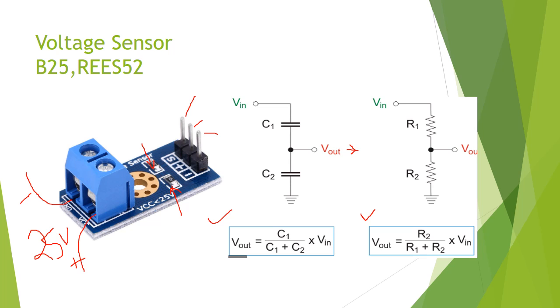Overall, the current sensor has a bit more complex principle to measure than a voltage sensor, because current flows in a circuit and that makes a difference. As far as electrical engineering is concerned, it's a bit complex to measure a current, and a bit easier to measure a voltage.